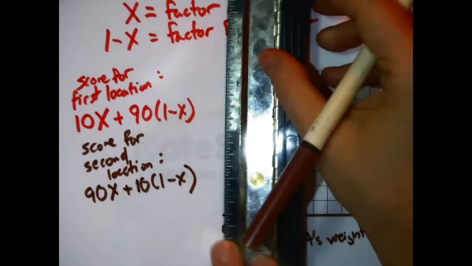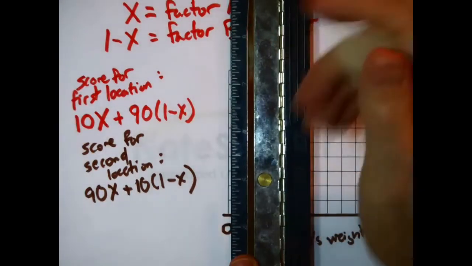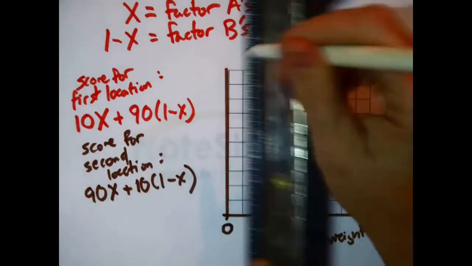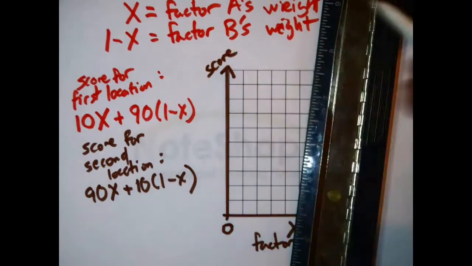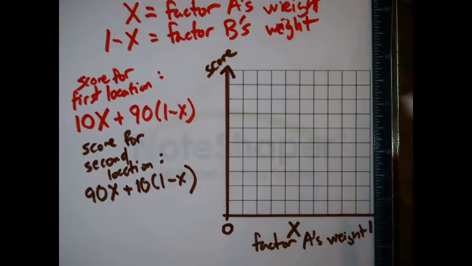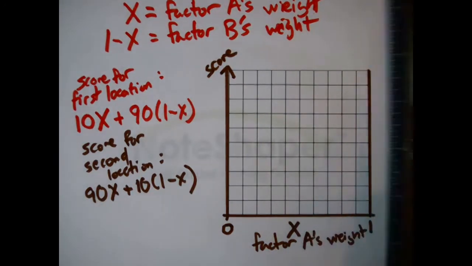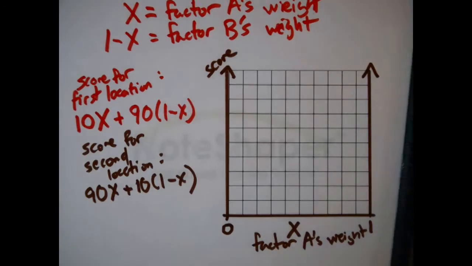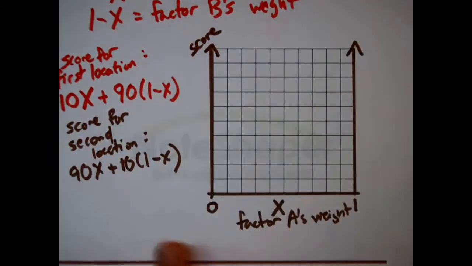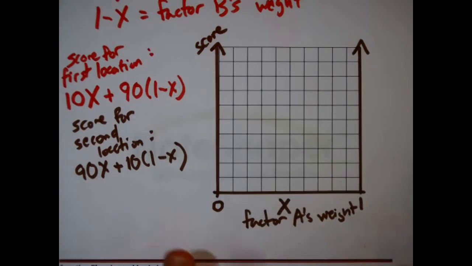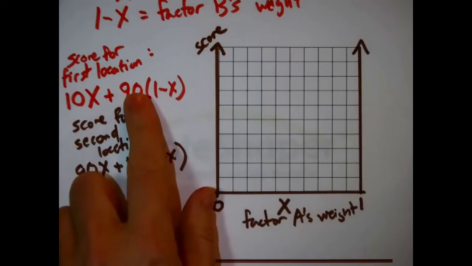Now, we're concerned about the factor rating score of the two locations over different weights. Let's draw that. Now, what do I mean by let's draw that? Pick a location. For instance, the first location here.